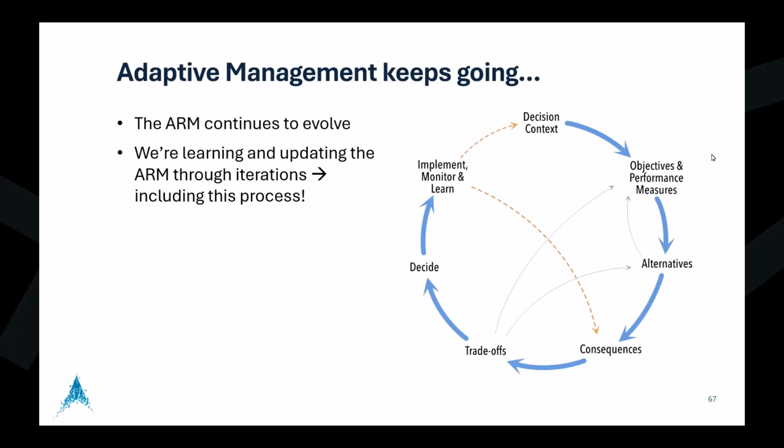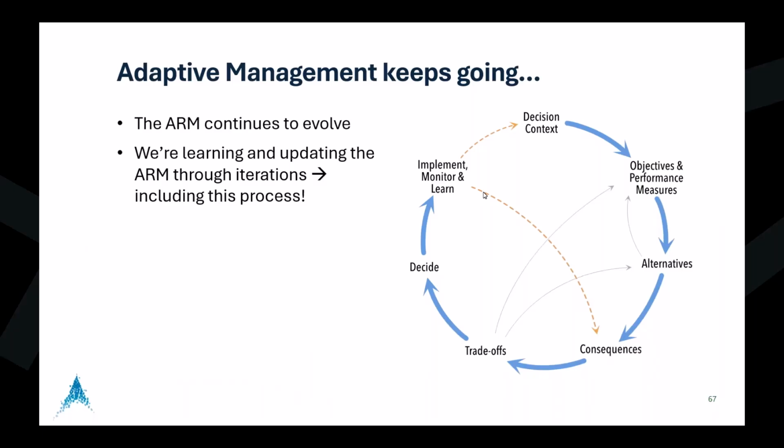But yeah, just to wrap things up, we'll bring it back to the beginning, and that diagram that Brian showed to begin with of the structured decision-making process, which includes this adaptive management component. We just wanted to bring it back to that and remind everybody that, as we've shown today, there have been a number of updates to the ARM framework already, outside of the learning that the model itself is doing.